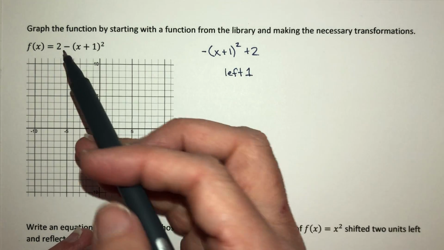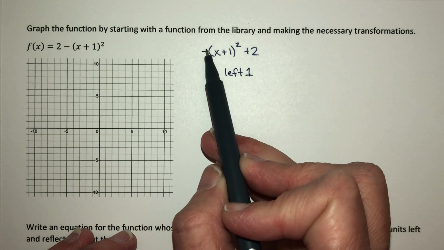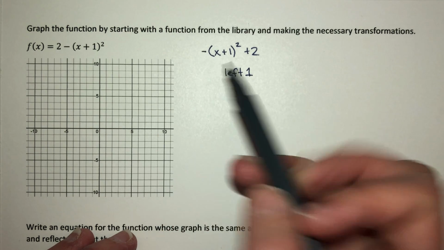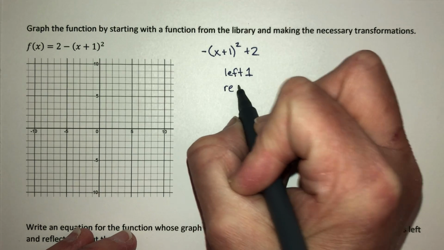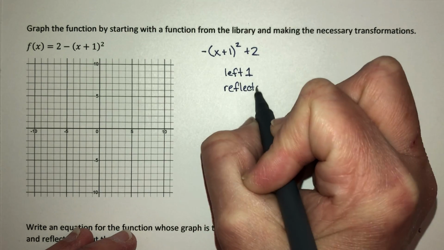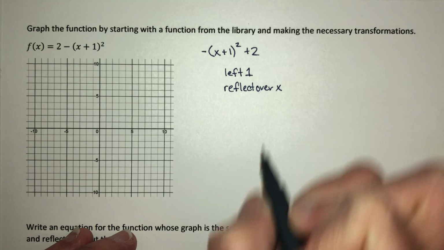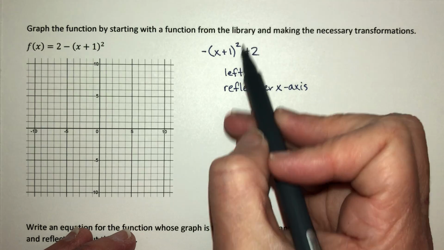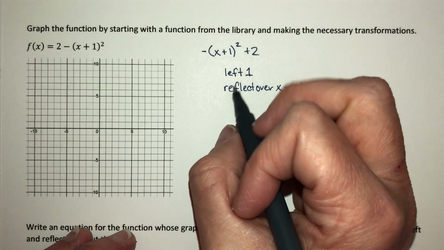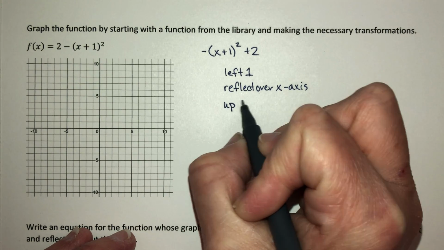Okay. And then I deal with the reflection. It is outside, so it is an up-down flip, which means it's over the x-axis. And then finally, we deal with this. So we're going to go up 2.